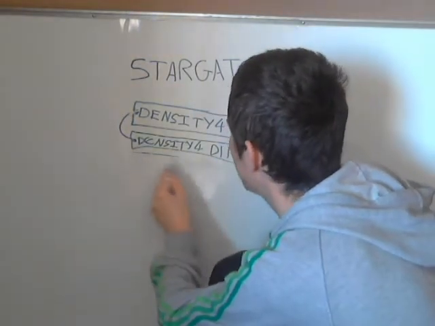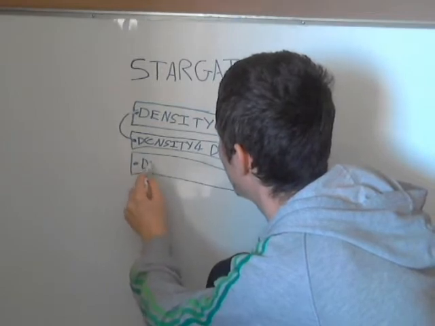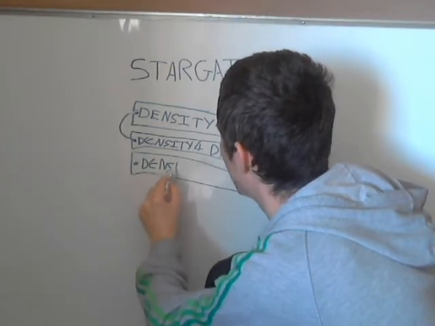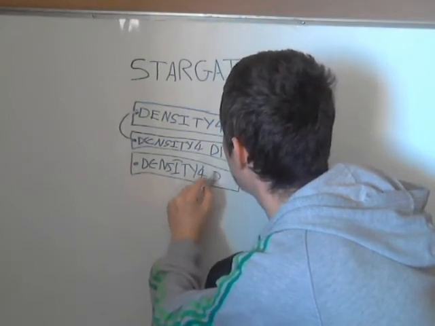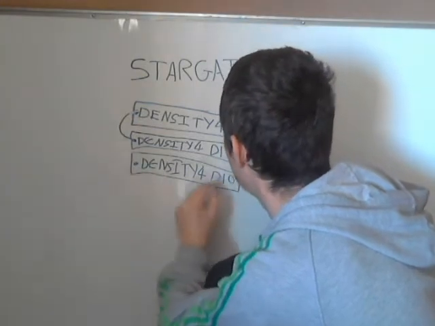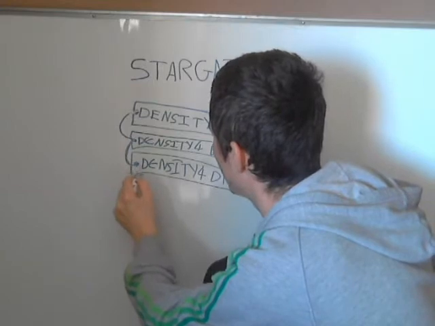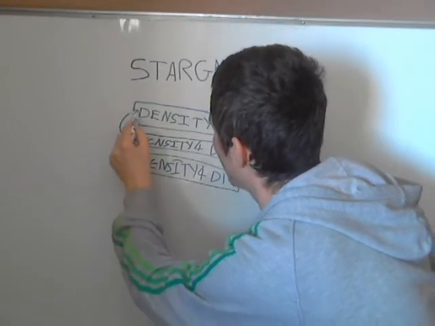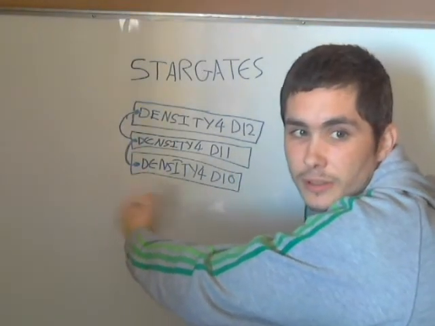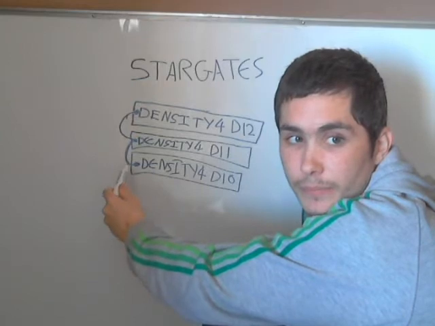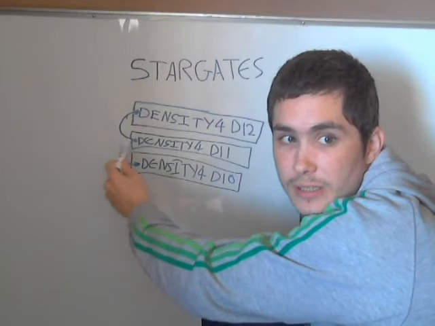So then we have there density 4, dimension 10, which is another Stargate. And as you can see, they're all connected to each other through the Stargates.